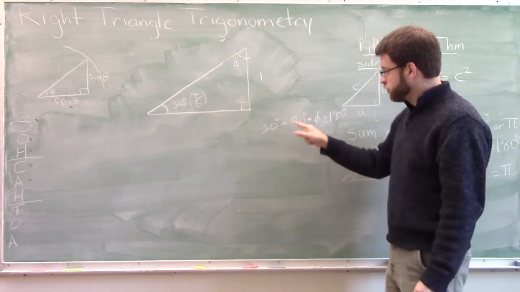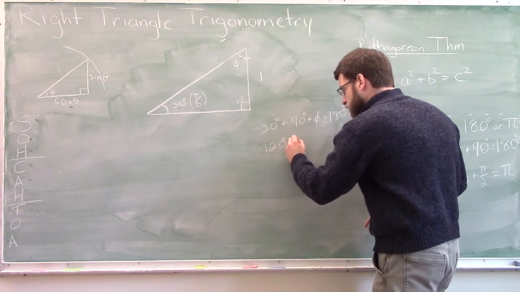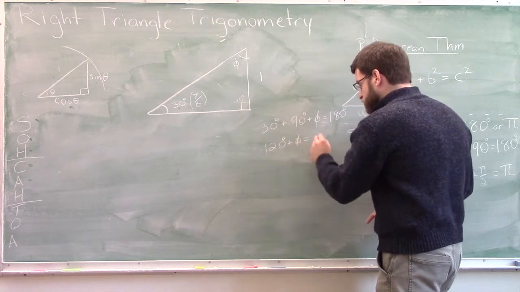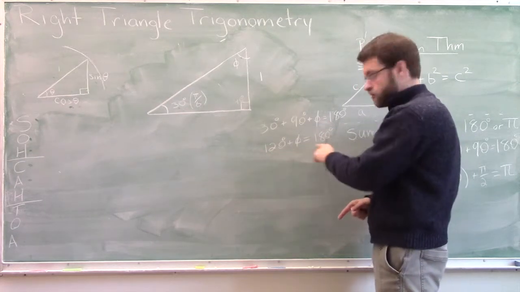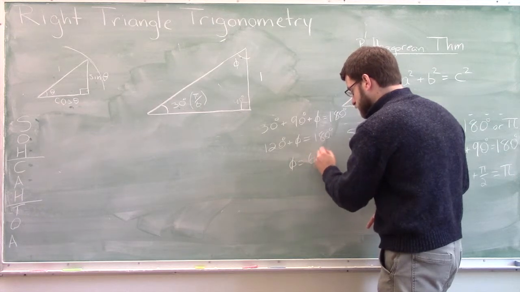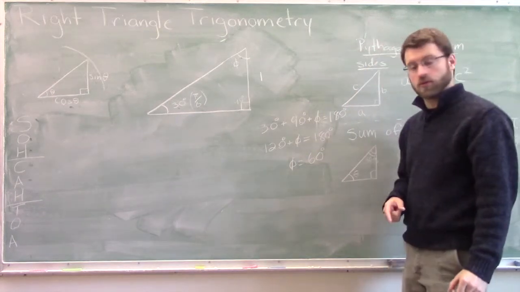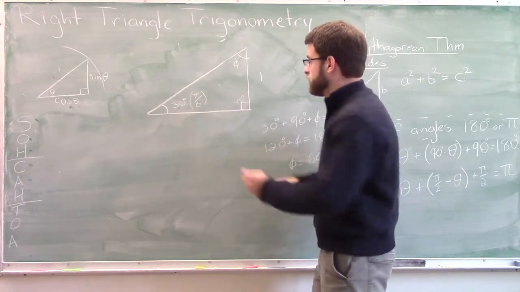So 30 plus 90 is 120, and that plus phi has to be 180 degrees. If I subtract 120 from both sides, I find that phi should be 60 degrees. Okay? So this is a 30, 60, 90 triangle.